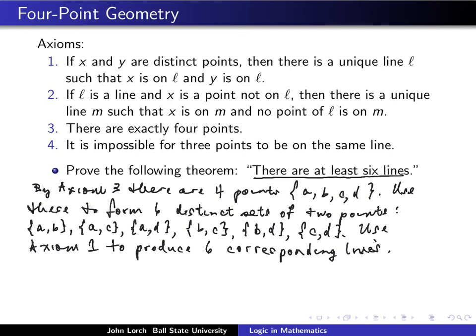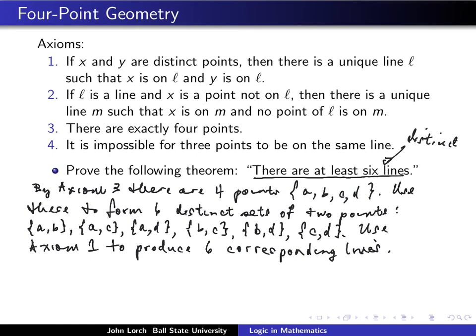Now, at this point, we might think that we're done with the proof, right? But there's one more thing that we have to be careful about, and that is we want to show that there are at least 6 distinct lines. The implication is that these lines are distinct. We don't want any repetition.